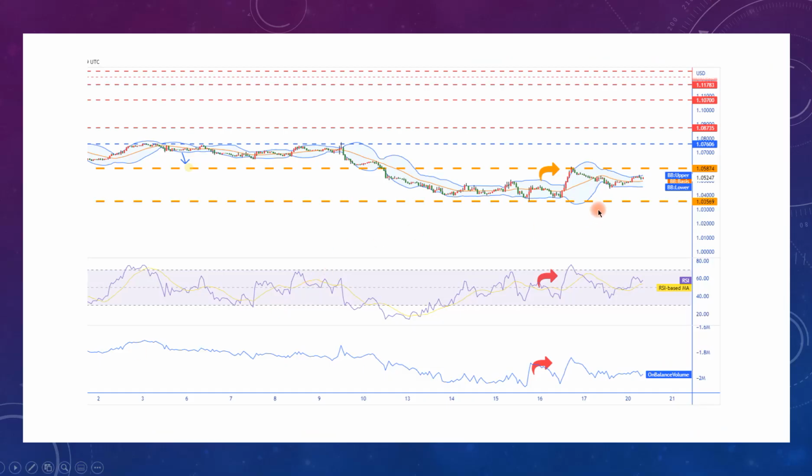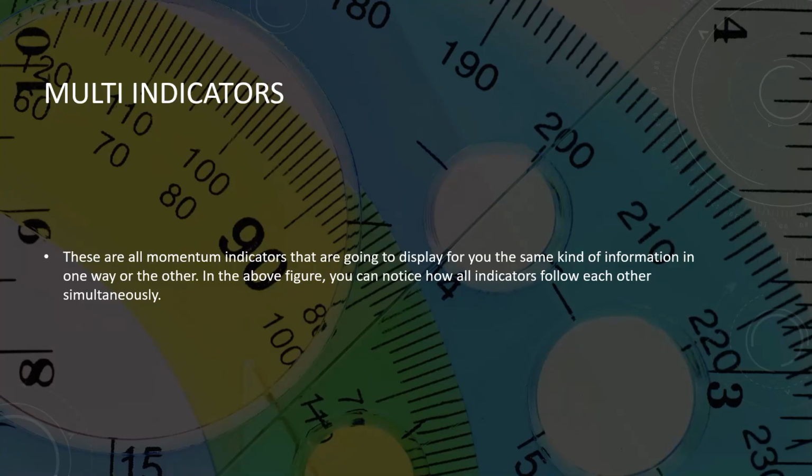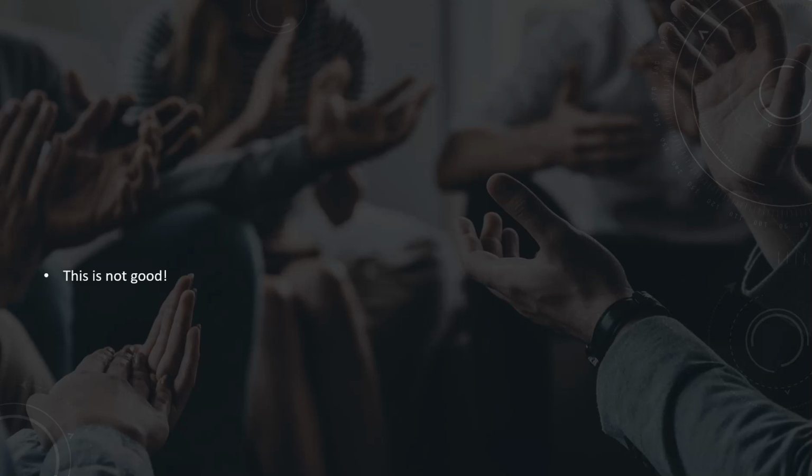Here, you see on my chart, this was a live chart an hour or 2 ago, and you can see where all 3 indicators are giving you the same results. These are all momentum indicators that are going to display for you the same kind of information one way or another. That is not good.